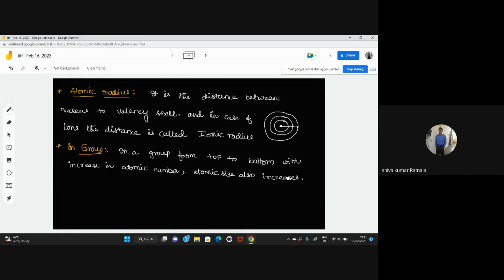Okay, right? So how can we say that? For example, let me take the first group elements. The number of electrons increases, so the shells will also increase.